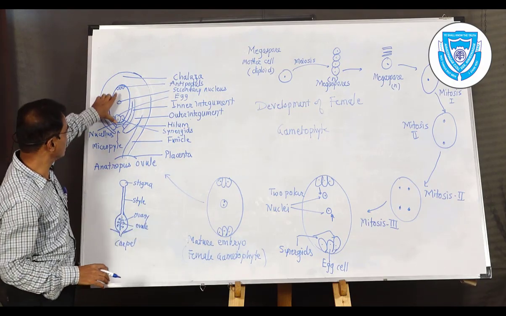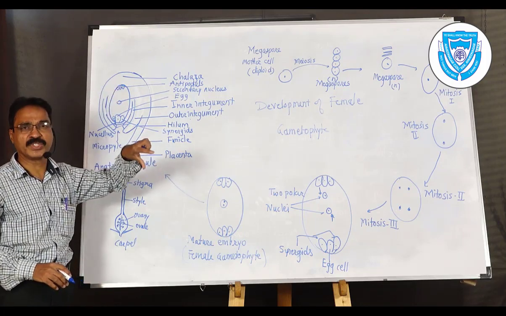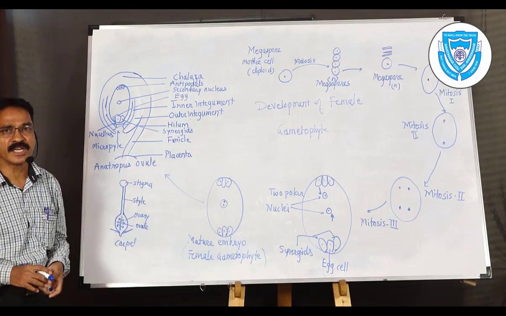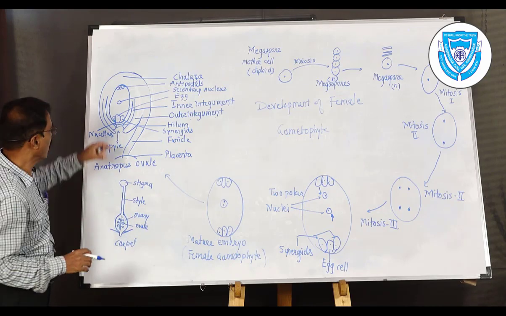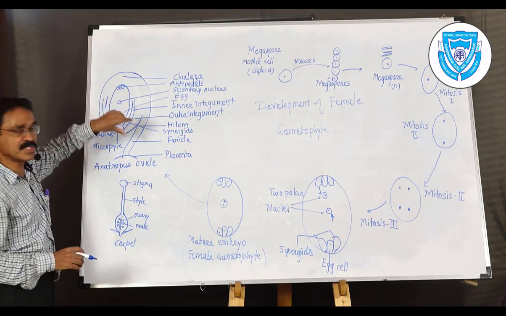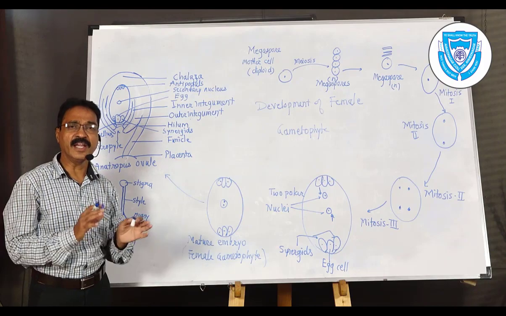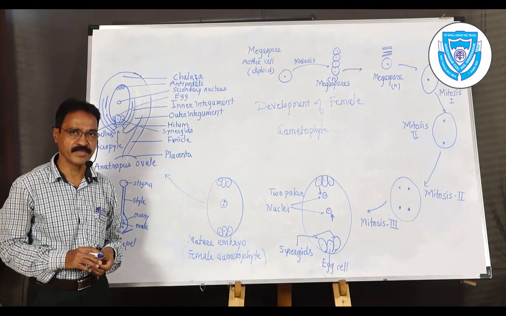This is the portion which is important for reproduction, fertilization. Okay, and this embryo sac is a 7-celled and 8-nucleated structure.